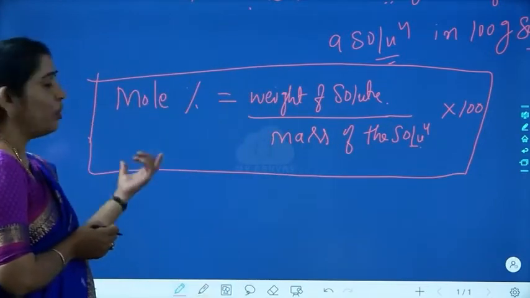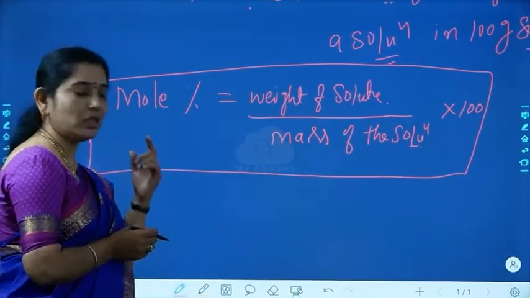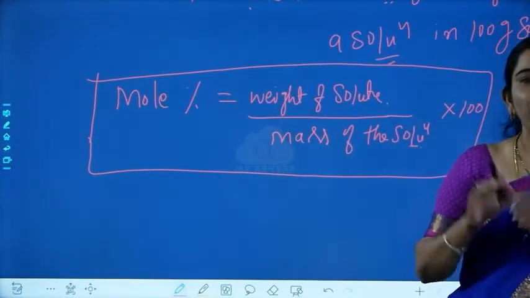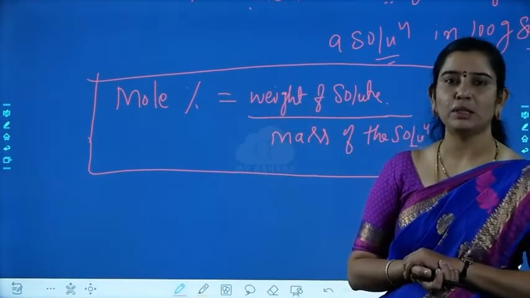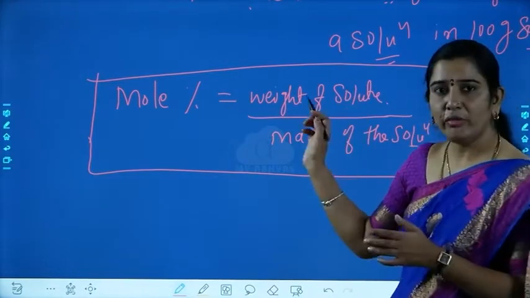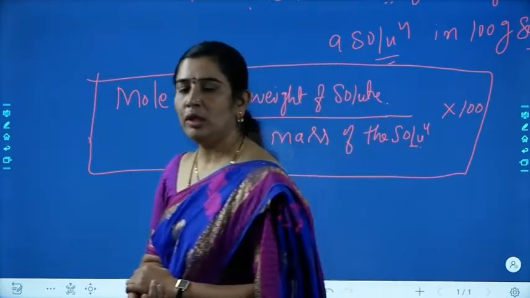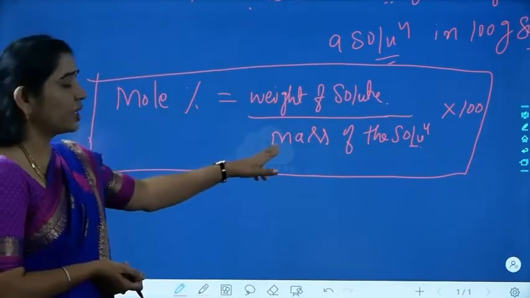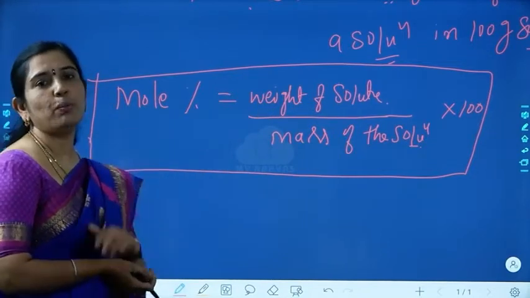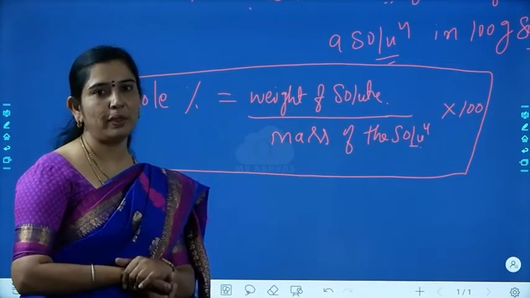So this is how you can express strength of the solution in terms of mole percentage. When you are given the weight of the solute and you know the mass of the solution, then you can calculate mole percentage. This is a very, very simple method.